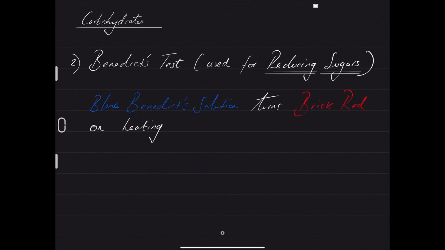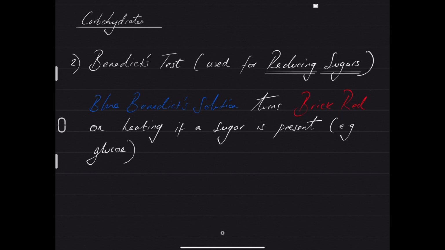So you need to heat the solution of Benedict solution with the sugar, and if the reducing sugar is present, it turns brick red. Okay, so blue Benedict solution turns brick red on heating if a sugar is present, e.g. glucose.